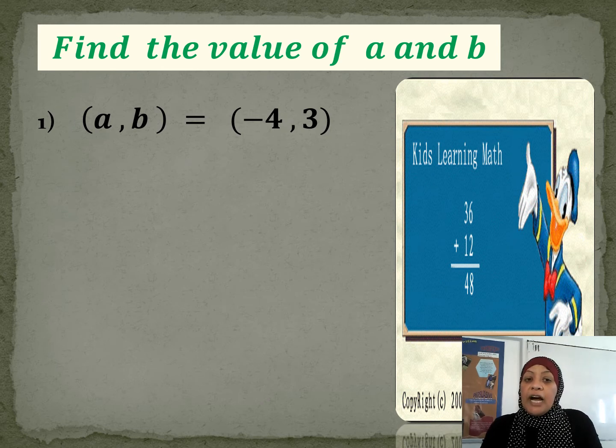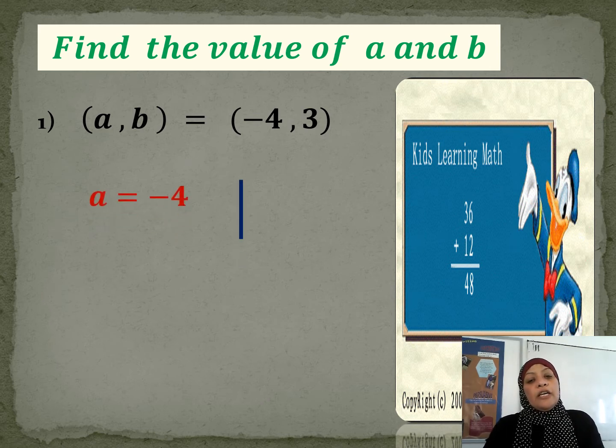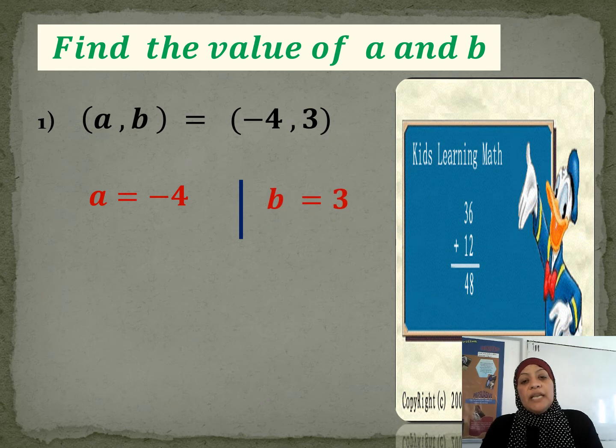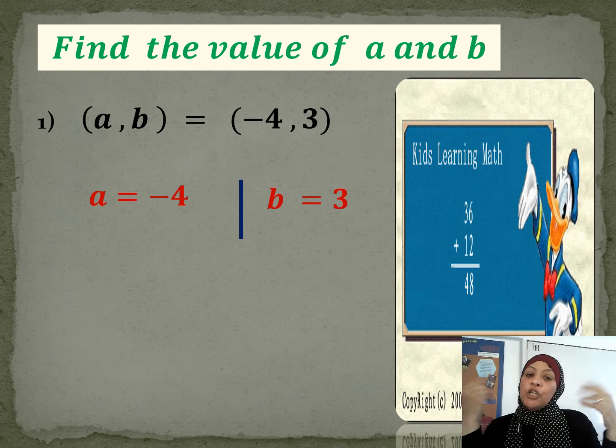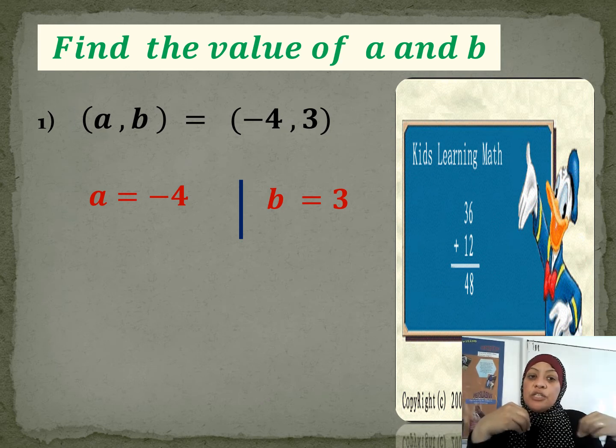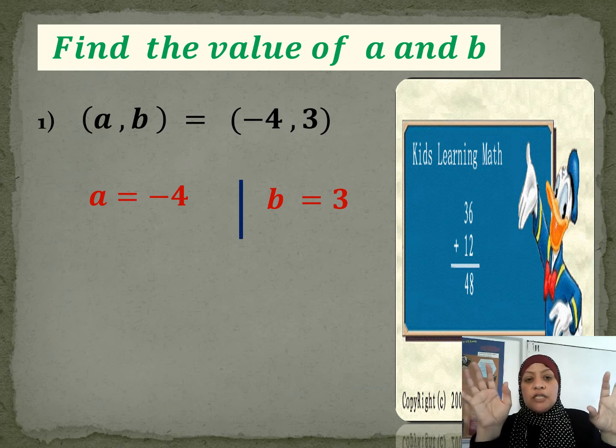Then from here I can get the values of a and b. Then a equals -4, b equals 3. Now I understand the relation between two equal ordered pairs. I'm going to play with you, using this relation to solve anything I want to ask you about.